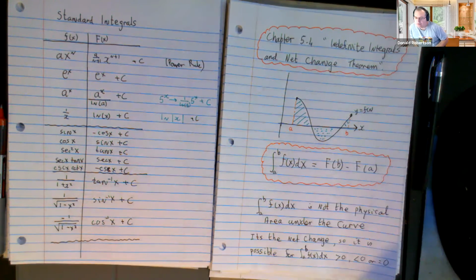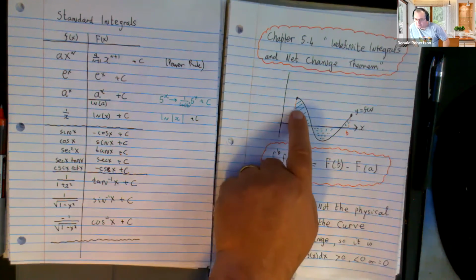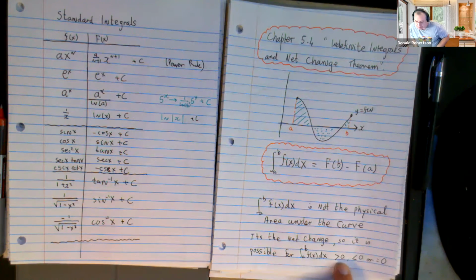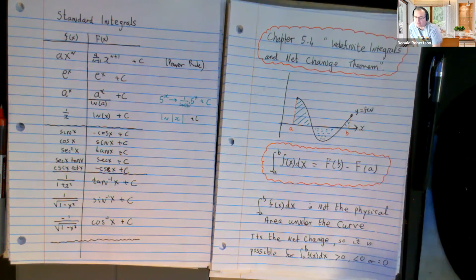And so the net change theorem is basically just saying what we kind of already take into account, that what we're getting here is not the physical area. The physical area is a positive number. We're getting the net area, or as they prefer to call it, the net change. And that number could be positive, negative, or even zero. And it's okay, no matter what it is.